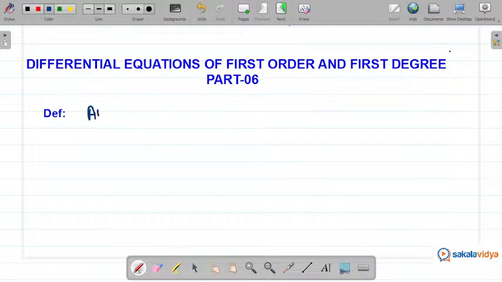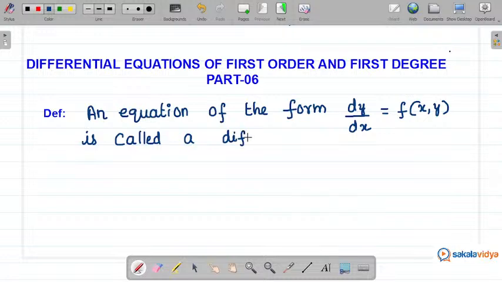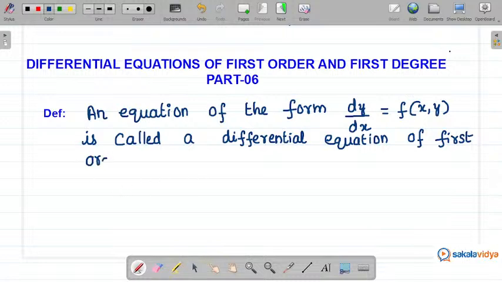An equation of the form dy by dx equals f of x comma y is called a differential equation of first order and first degree.